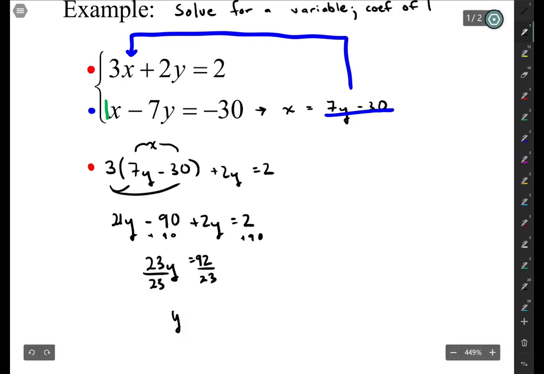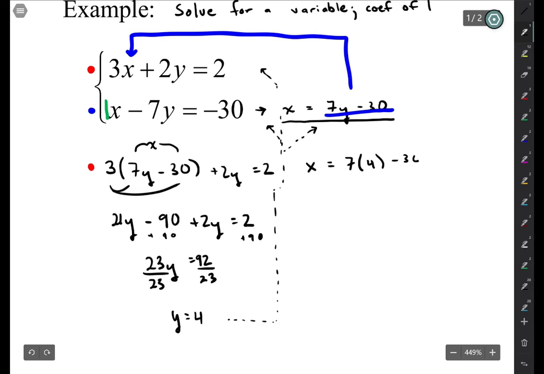So with y equal to 4, you then just need to backtrack a little bit, and you can substitute it into any of the equations. You can put it into the blue equation, you could put it into the red equation, you could even put it into the equation we made. I am going to use this equation because then we can just solve for x pretty easily. So x = 7 times 4 - 30, which means that x is 28 - 30, or x = -2.